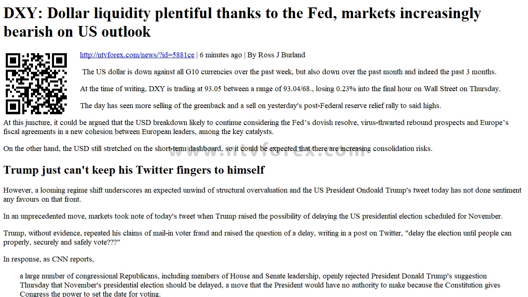DXY levels overview. Today last price 93.01. Today daily change 0.26. Today daily change percent 0.28. Today daily open 93.27. Trends. Daily SMA 20 95.75. Daily SMA 50 96.84.